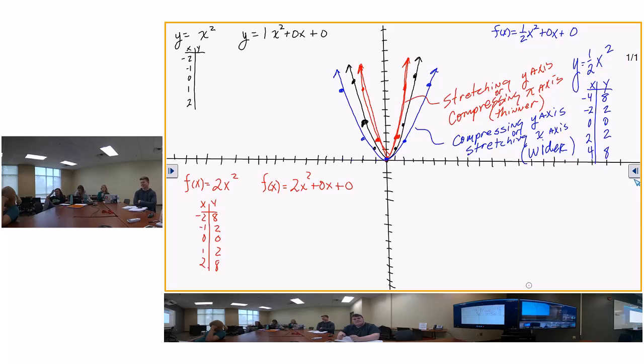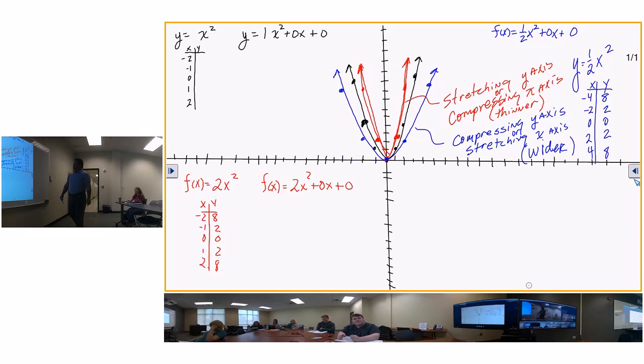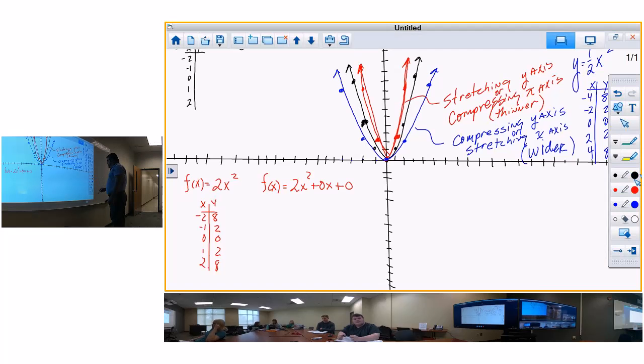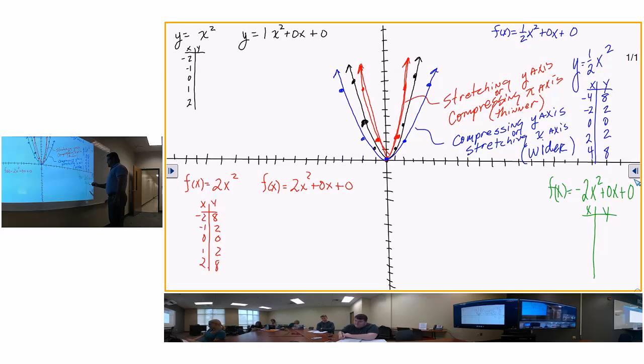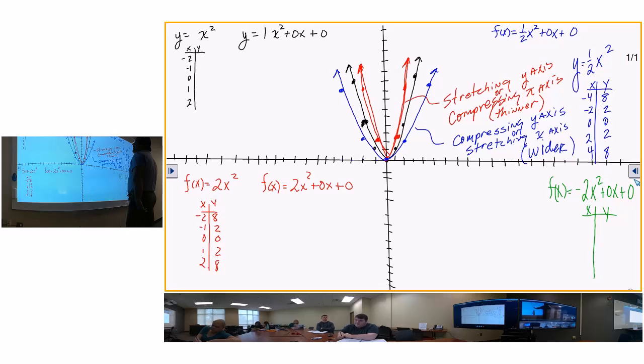So what happens if we take the green, dang old verde, and f of x is equal to -2x squared plus 0x plus 0. So now somebody tell me what's going to happen before we even do it. Well, what is the red parabola?